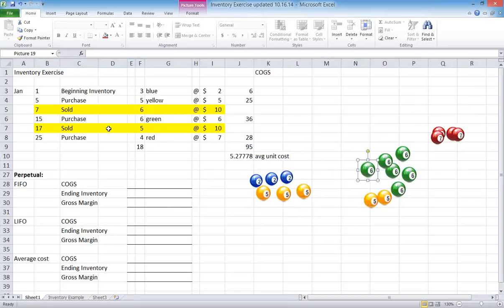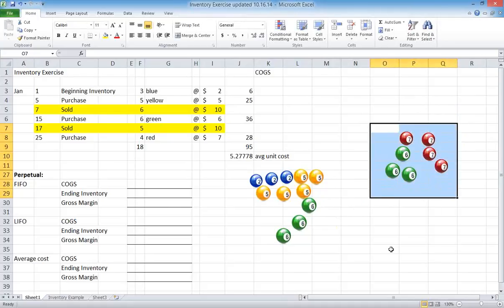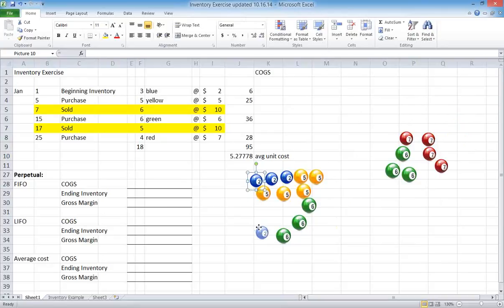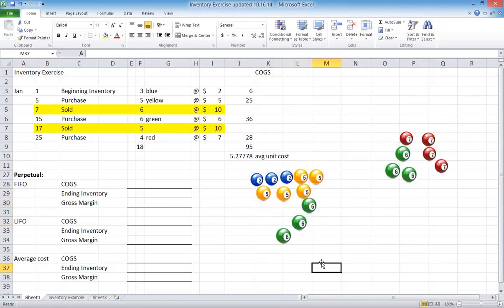Okay. And then I sold 5. Which 5 did I sell? I sold these 2 remaining here and 3 of these. And then I purchased 4 more items. So this is my ending inventory. Right? This is my cost of goods sold. Over here, all of these. Okay?